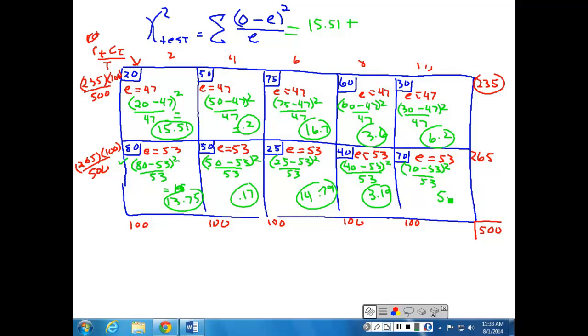Okay. So now 15.51 plus 0.2 plus 16.7 plus 3.6. In other words, just add up the numbers that I circled there.